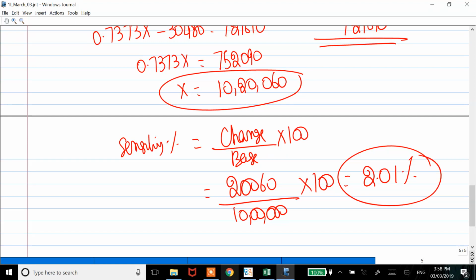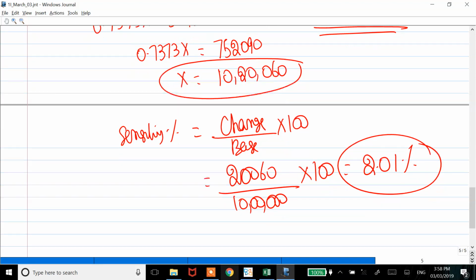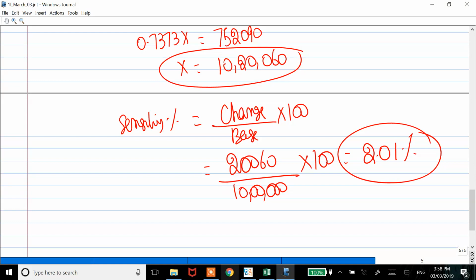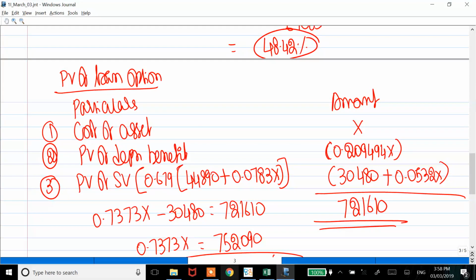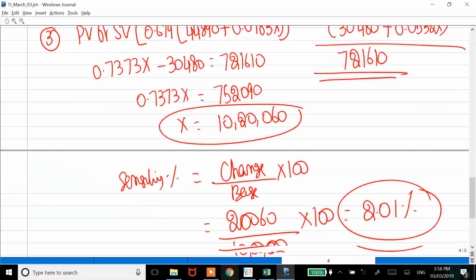So it has a question of only absorbing 2% change. If the cost of the asset goes up by more than 2%, project is over. You can't do much about it. Any doubts on this? If it is more than 2, I will be going for lease. There it was a downward change, here it's an upward change. Any doubts on this?